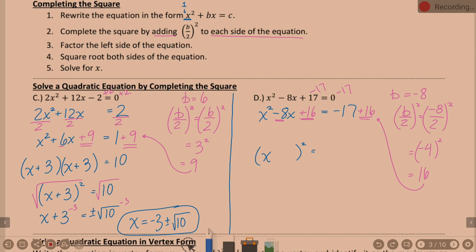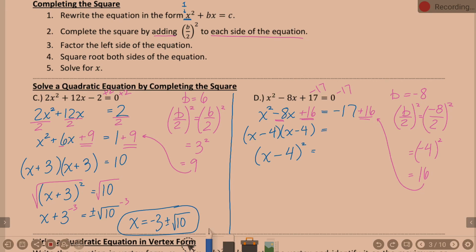Could I also just ask what's the square root of 16? 4. Does 4 plus 4 add to be 8? It does if you make the 4 negative. So could you just jump to this step if you're comfortable? Now, if not, what am I going to say to do? I'll take the extra steps with you. I don't care. If you prefer to write the x minus 4 times x minus 4, do what you need to do. Okay?